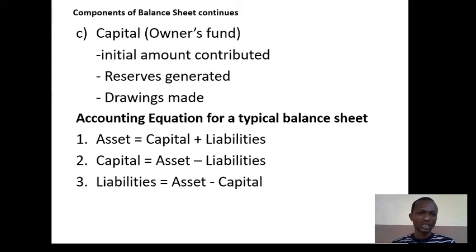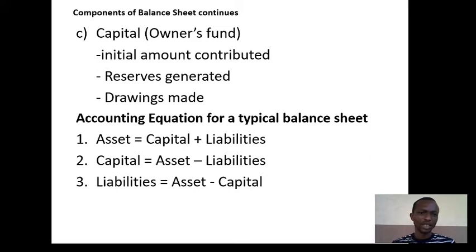Now, when you look at a balance sheet, in the T format we have the debit side and the credit side, or let me say the right hand side and the left hand side. The right hand side takes care of all the assets, both fixed assets and current assets, and gives you a total.